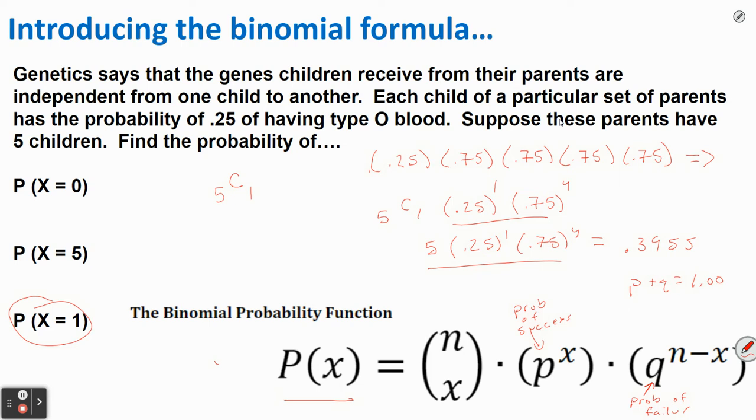So 100% of the time, one of these two things happen. This, which would also be this, is the number of successes. And this total thing is saying, hey, where N is your total number of trials, this is saying total number of trials minus successes, which basically just means number of failures.